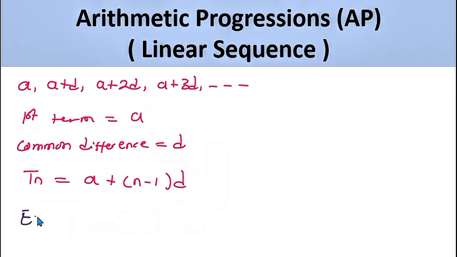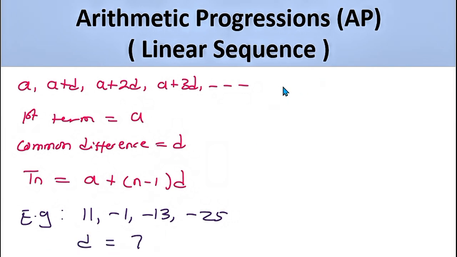If we have the set 11, minus 1, minus 13, minus 25, and we are to find the common difference D, which is unknown to us.